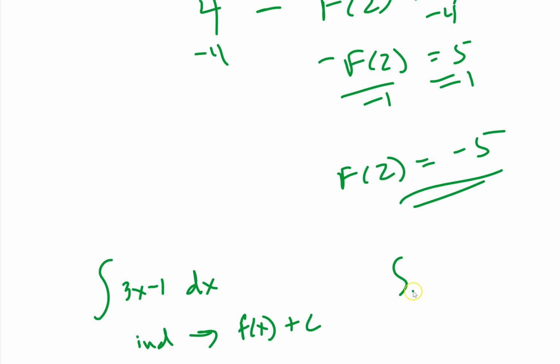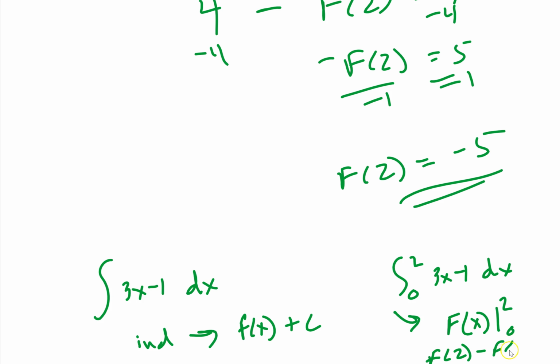This is a definite integral. The difference with this one is once you integrate it, it's top minus bottom. So F of 2 minus F of 0. Right? So definite integrals, once you integrate it, top minus bottom. Indefinite, plus c. And there we go.